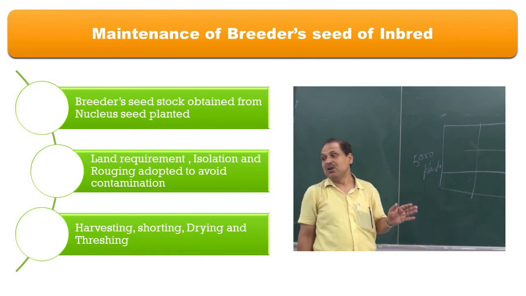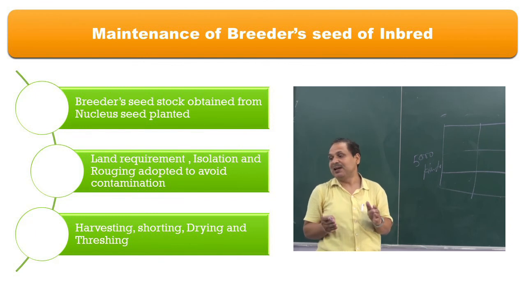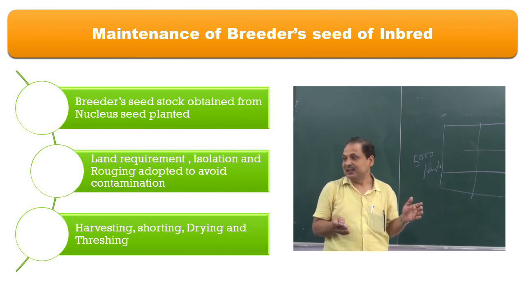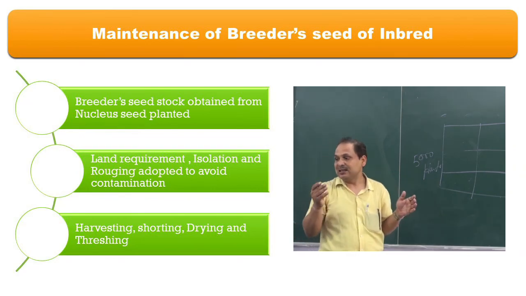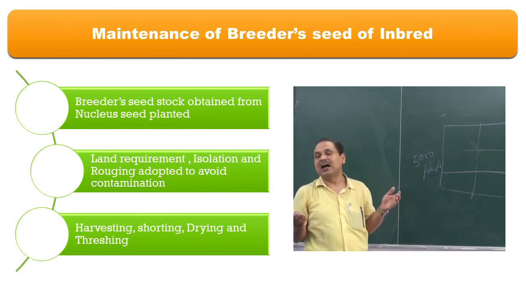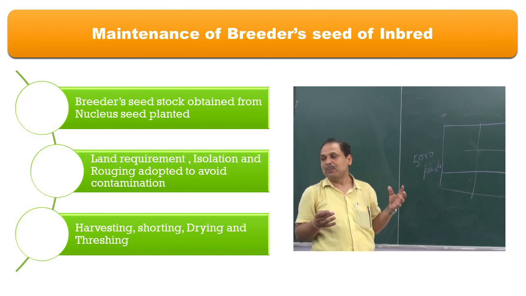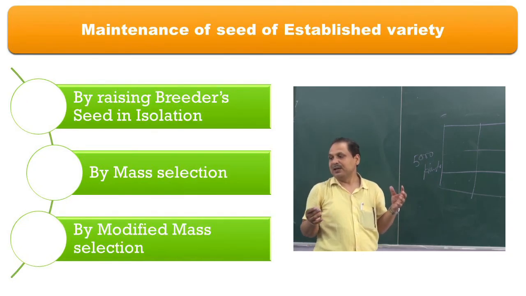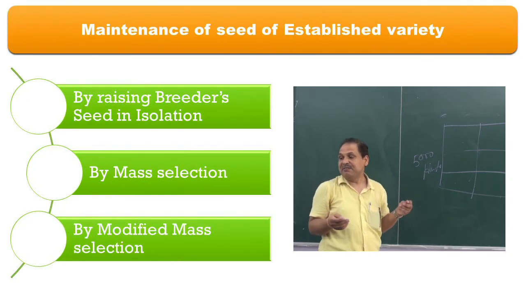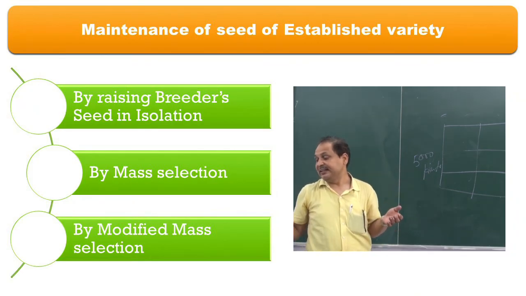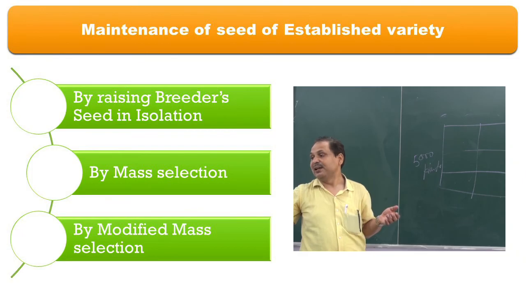Breeder seed stocks obtained from the nucleus seed plants are again multiplied. The land requirements, isolation, roguing and all the agronomic practices to raise a good crop are followed to avoid any contamination. Harvesting, sorting, drying and pressing are done.